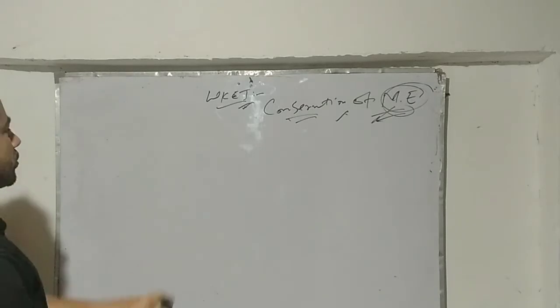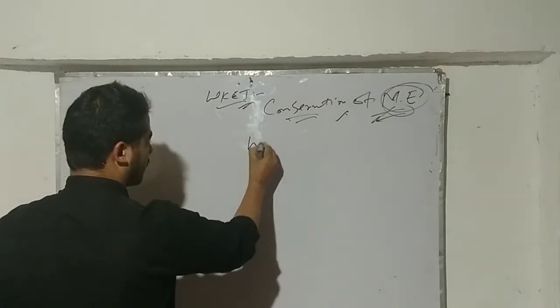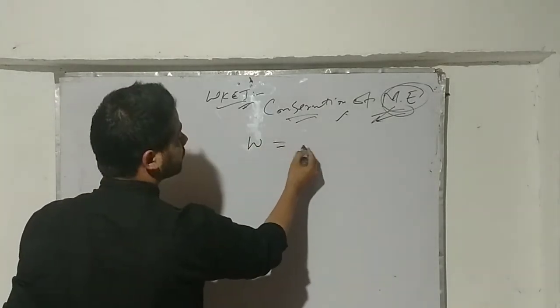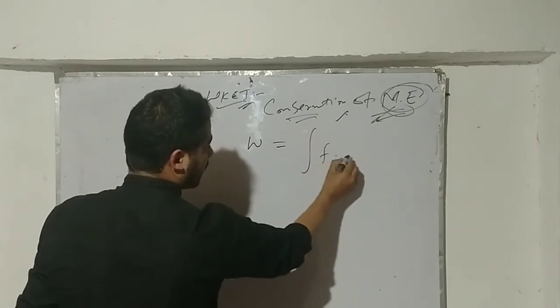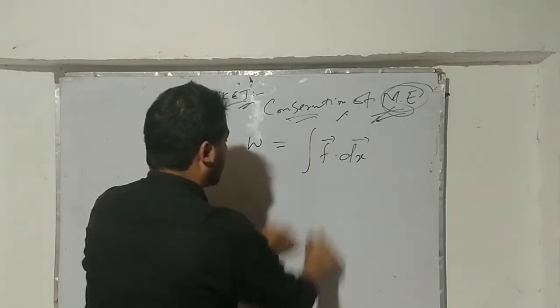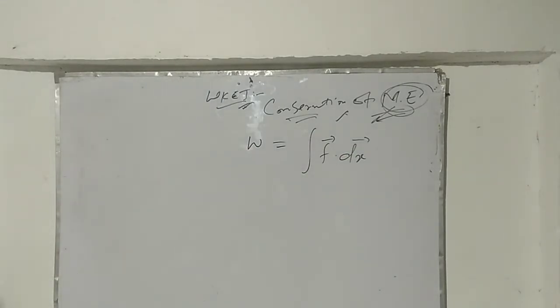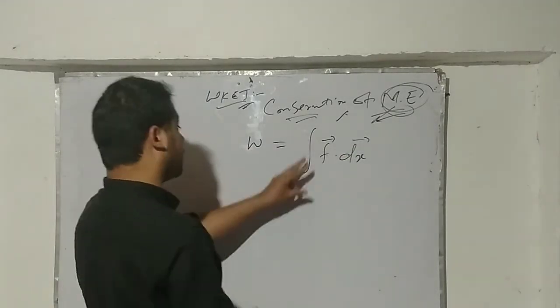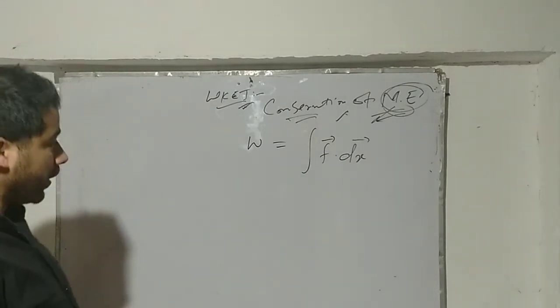In the previous lectures we used this equation a number of times, the work done by the forces, which is the definition of work done in a more general way.